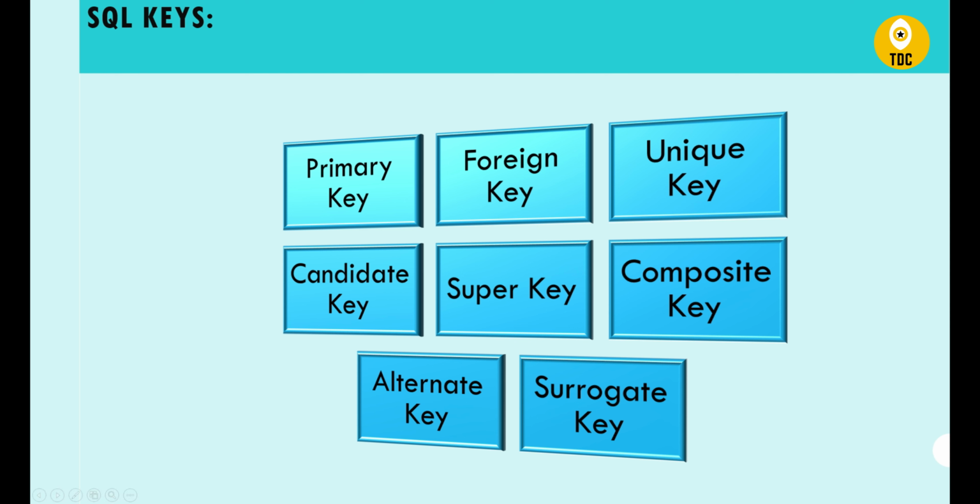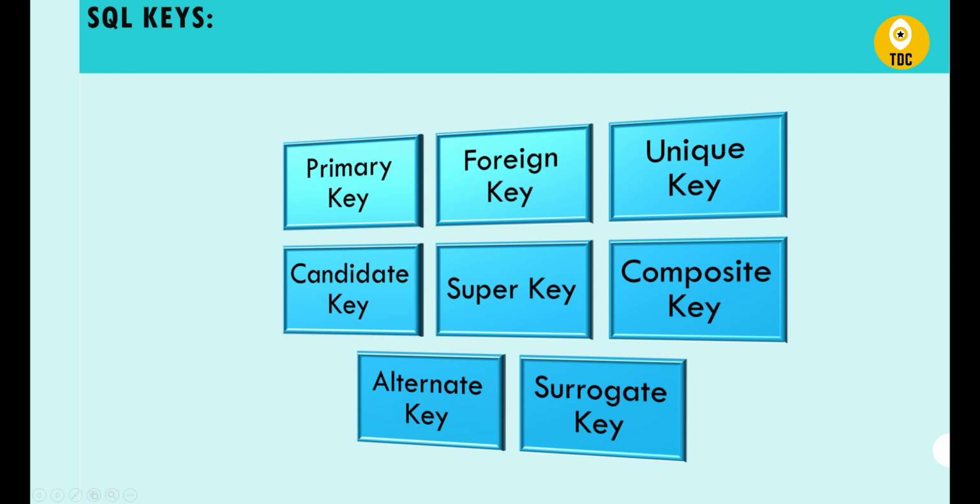Okay, so next is the super key. Super key handles complex identification needs in multi-column uniqueness scenarios. And you have the surrogate key, right?